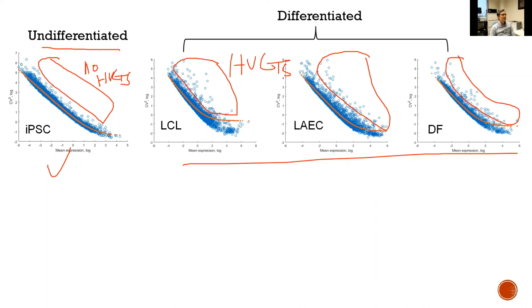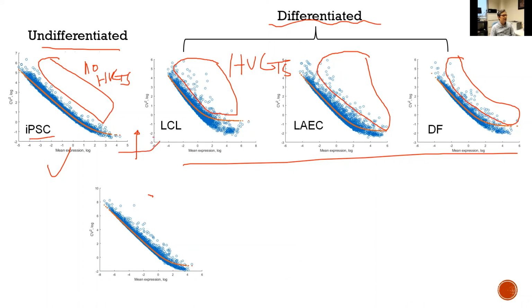You can use this as a research tool to capture the function of the differentiated cells. So if this hypothesis, if this result is correct, we expect that if you have a cell line in the middle of deriving from iPSC into different cell types, but not yet complete, you will see an intermediate level of this feature of highly variable genes.